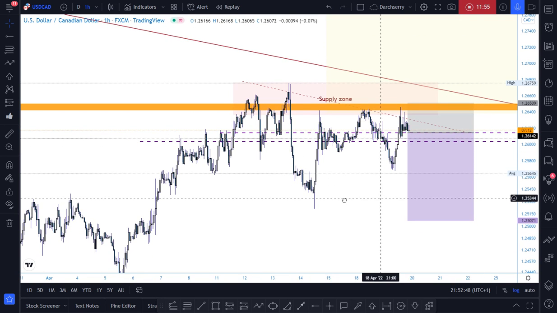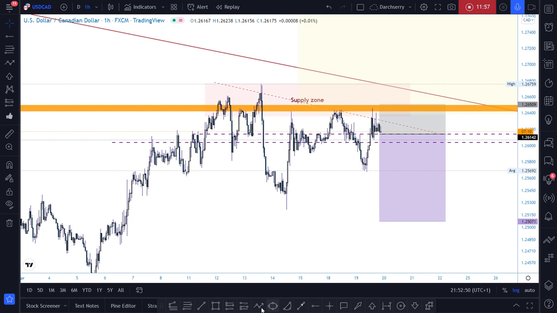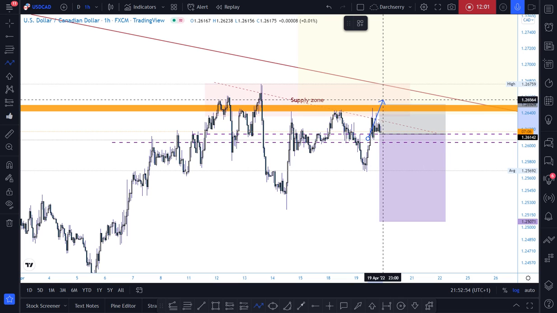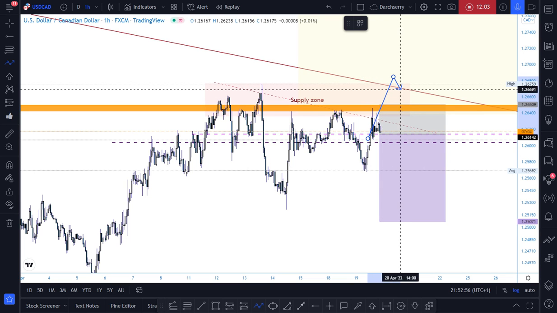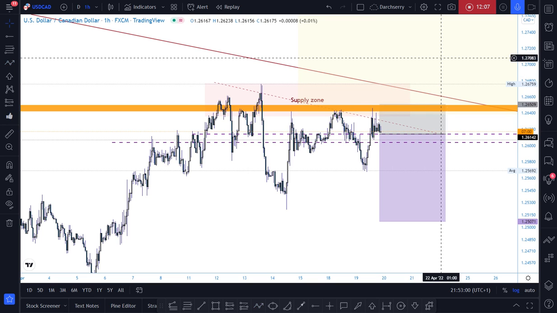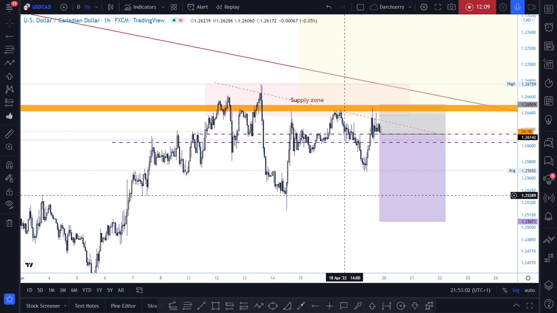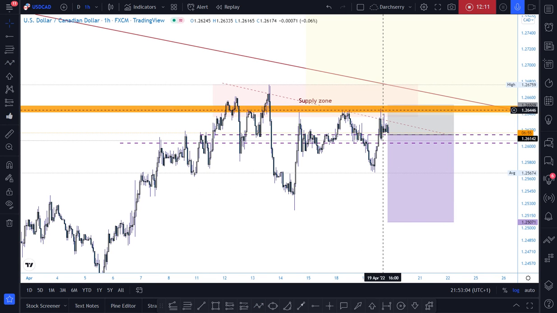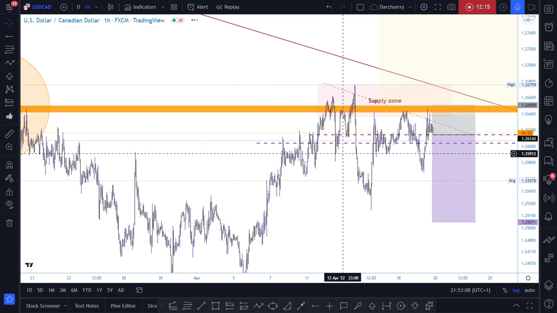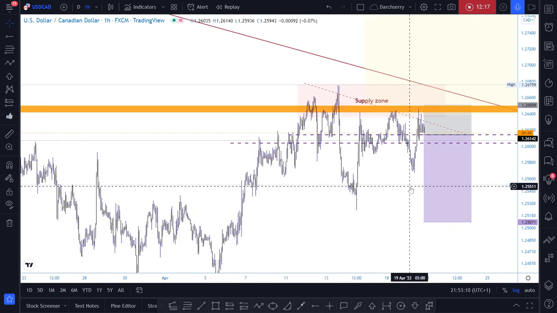However, it's very pertinent I state here that a break above this key level could send price going to the upside. So anywhere below this key level is good for us to sell the US dollar against the Canadian dollar.